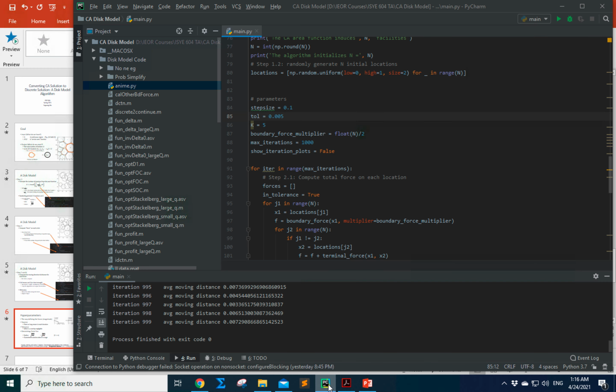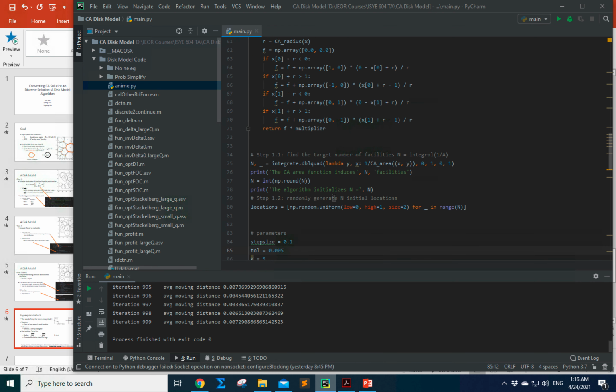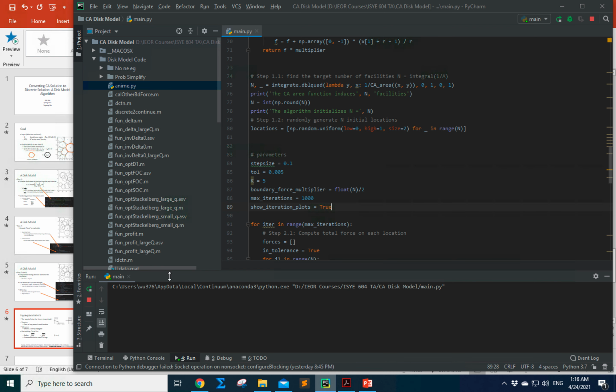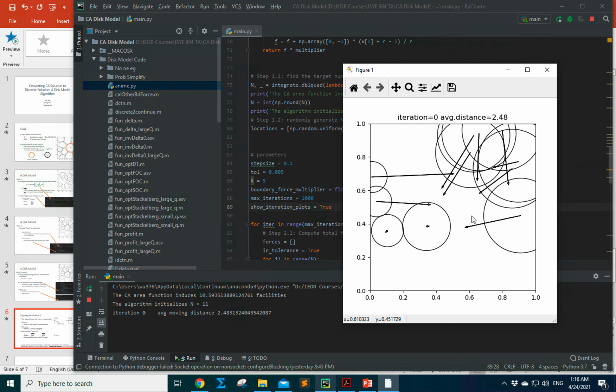And you can visualize the algorithm like this. In the first step, I randomly generated, in this example, 11 locations, and of course they're really bad locations. They have many overlaps, and the force is of course large. And then I compute the forces, and in the next step, they will be moved along these directions.